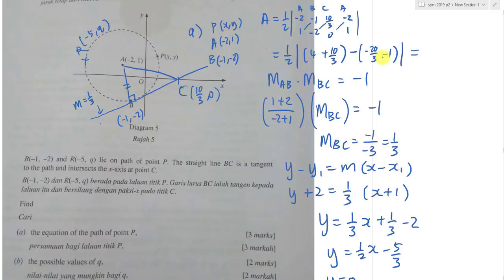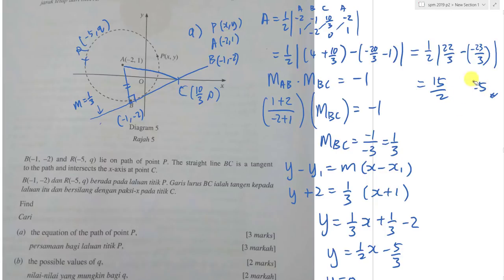Okay, never mind, step by step. So 22 over 3 minus, this one should give me negative 23 over 3. So I will just plus 23 over 3. So I get 15. Nice, so this is 15 over 2. So the area is equal to 7.5.